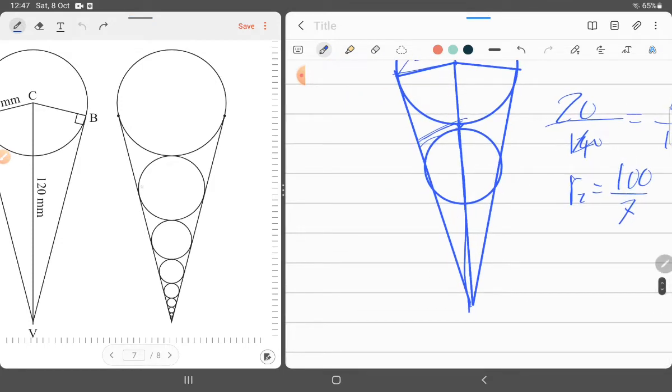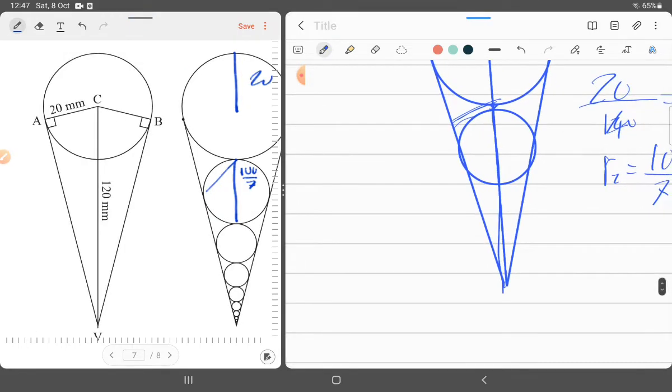So we have this 100/7. This is 20. I think we can just use guess and check.